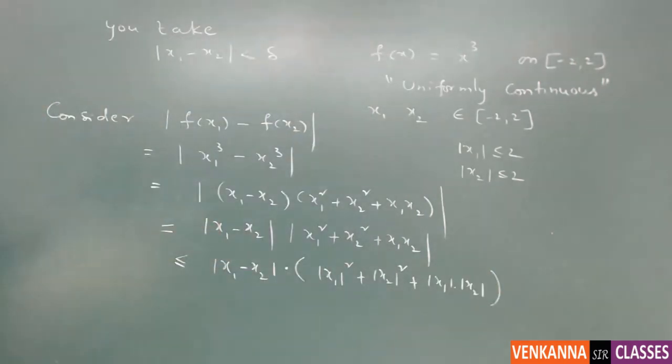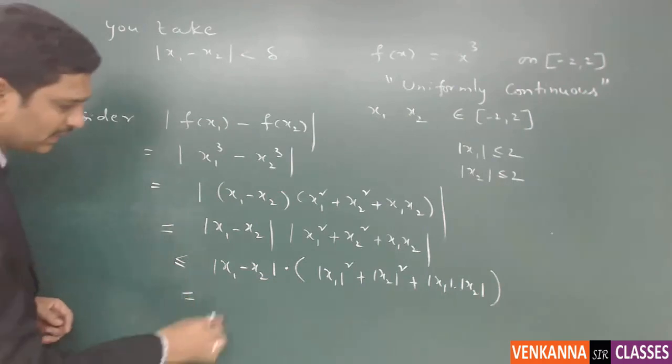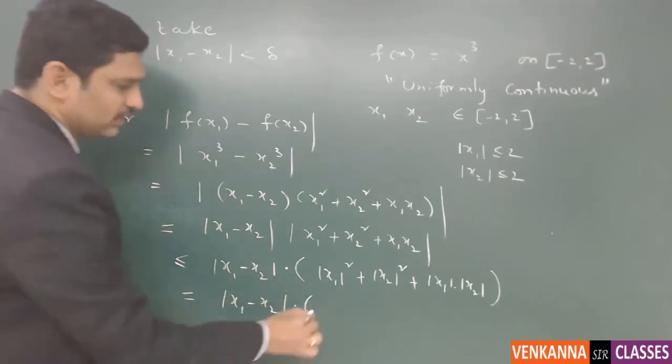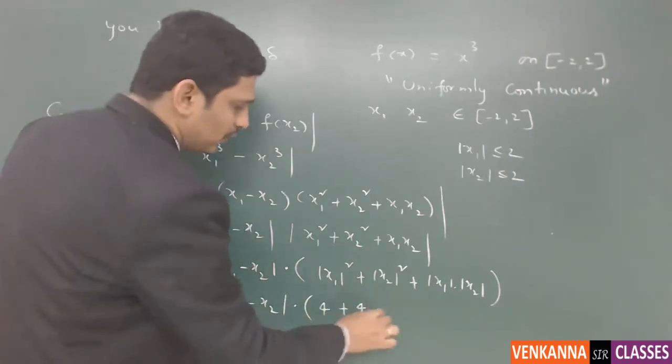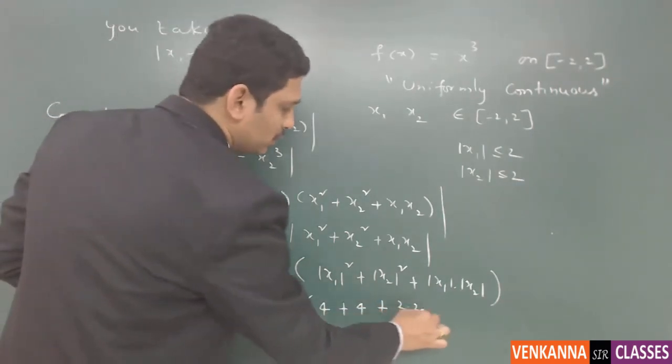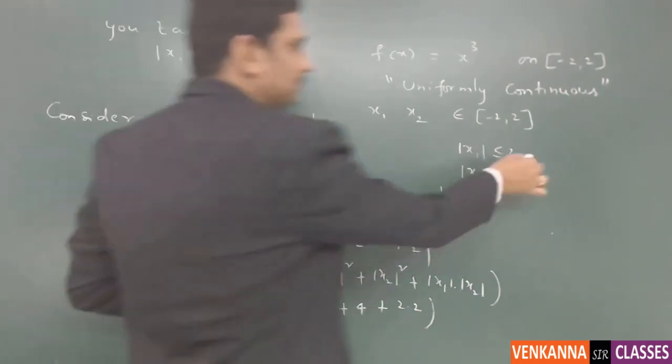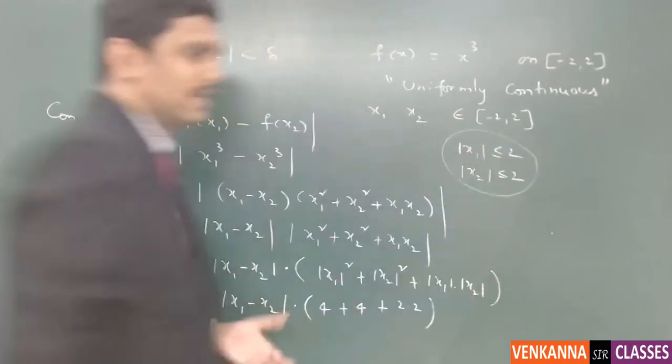So expanding the modulus there, if you substitute the corresponding values, it is equal to mod x1 minus x2 into 4 plus 4 plus 2 into 2. Accepted? Fine. How I have taken these values from this point? You can take less than or equal to here.